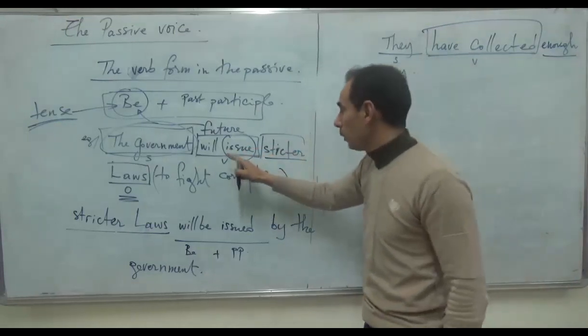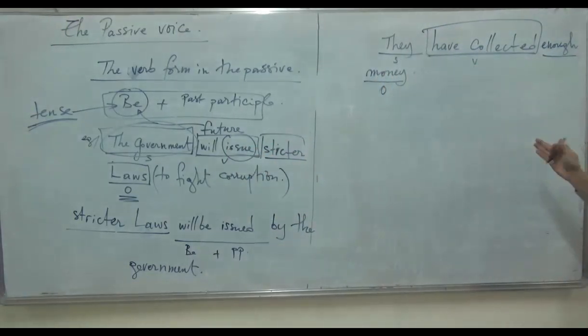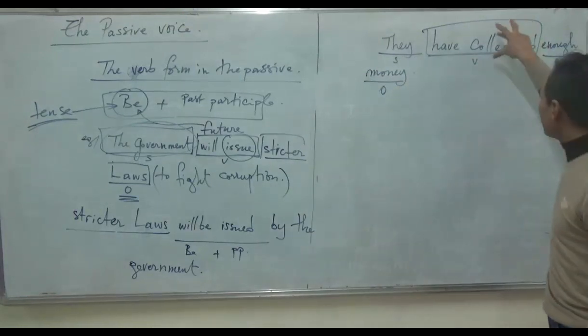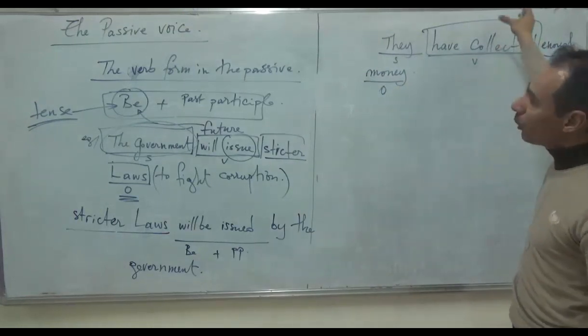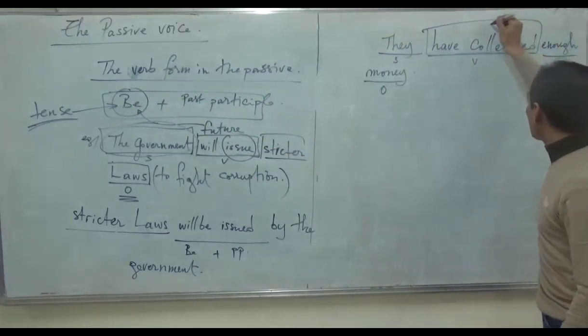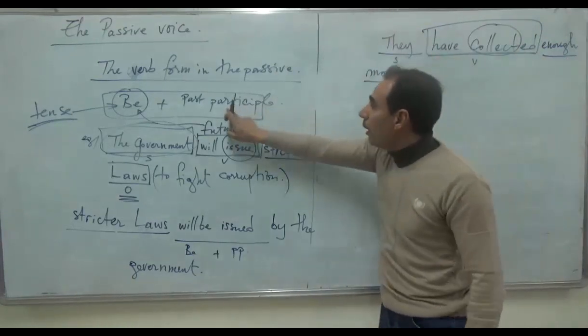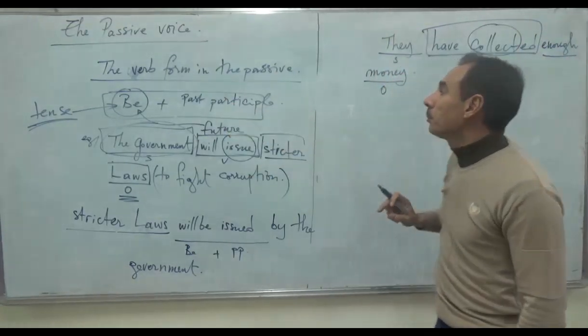Here we have will issue. Here it is the future, here it is another tense. And we do the same thing. The tense used in the active sentence goes to be. And the verb itself, the verb to collect, becomes the past participle.